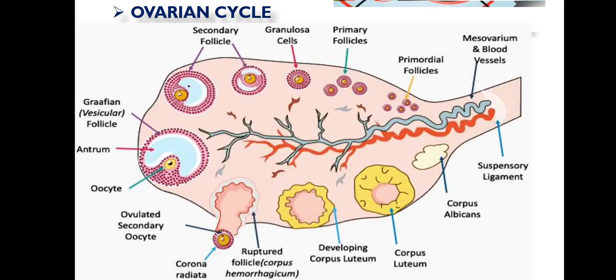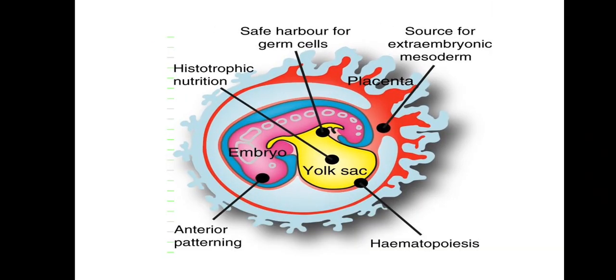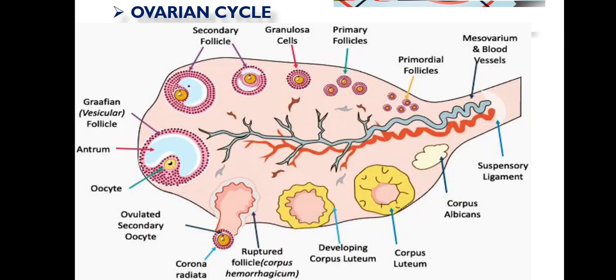From this embryo, remember, there are a lot of layers that start forming, the trophoblast and those different layers. I just want you to know that there is what we call the yolk sac, here. When this embryo reaches about 6 weeks, when this female person is developing about 6 weeks in the uterus, there are what we call primordial germ cells.